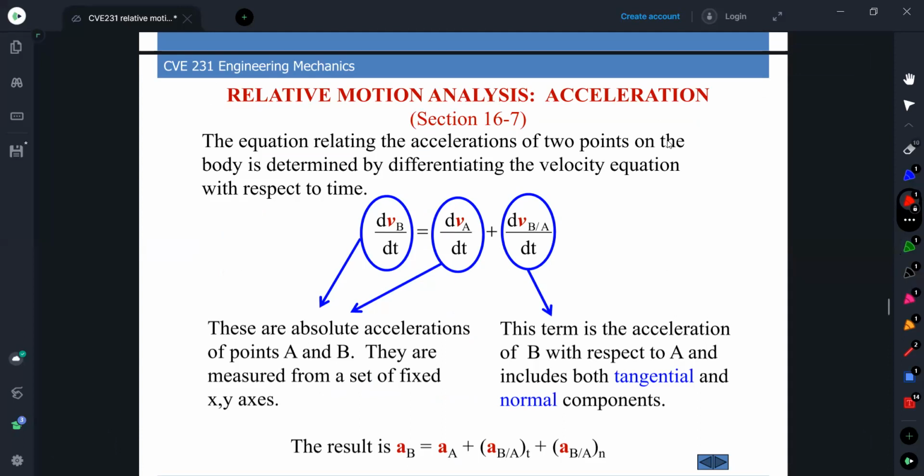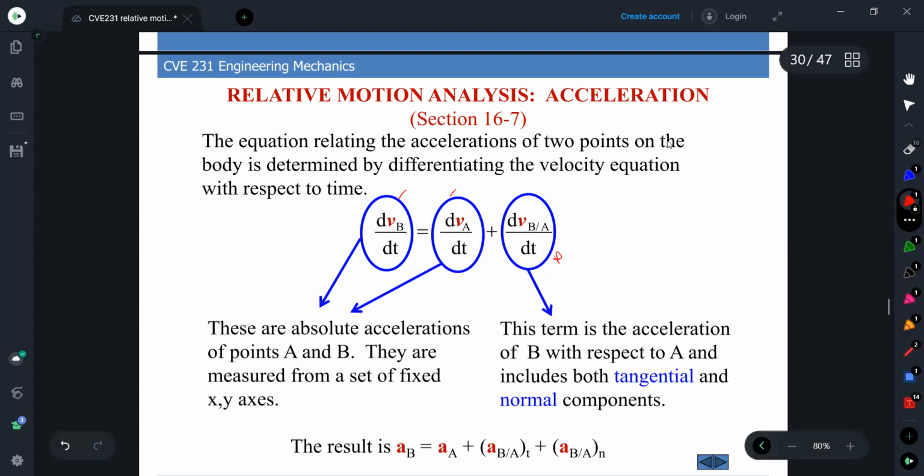The accelerations of two points on the body are determined by differentiating the velocity equation with respect to time. For the first two terms, dVB/dt and dVA/dt, they are the absolute accelerations of points A and B, because they are measured from a fixed reference frame xy.